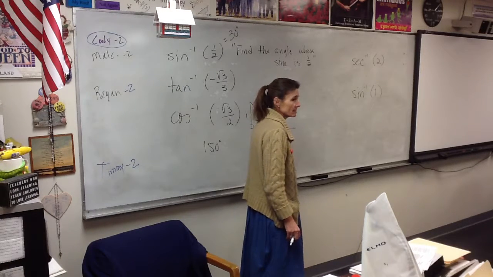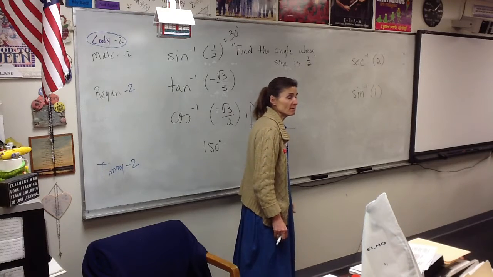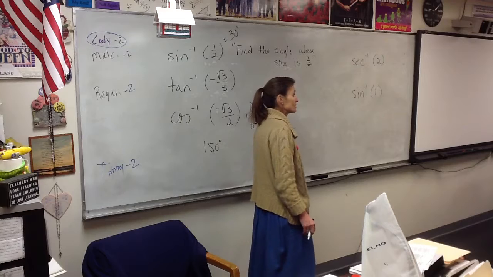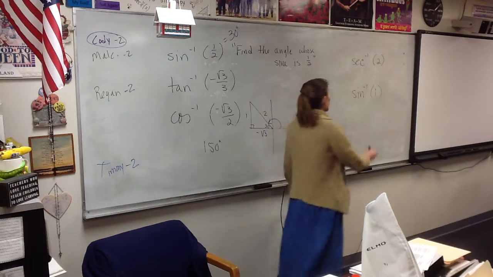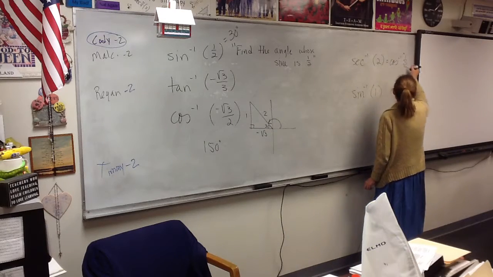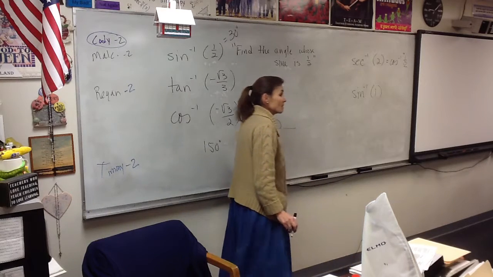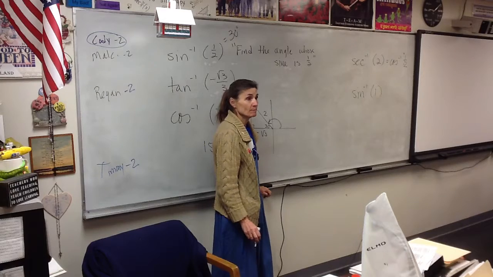I don't do secants, so I'm going to rethink this problem. If I have an angle whose secant is 2, it means the cosine is 1/2. Now, you don't have to do this. It's what I have to do. I have to think about this as the cosine being 1/2.